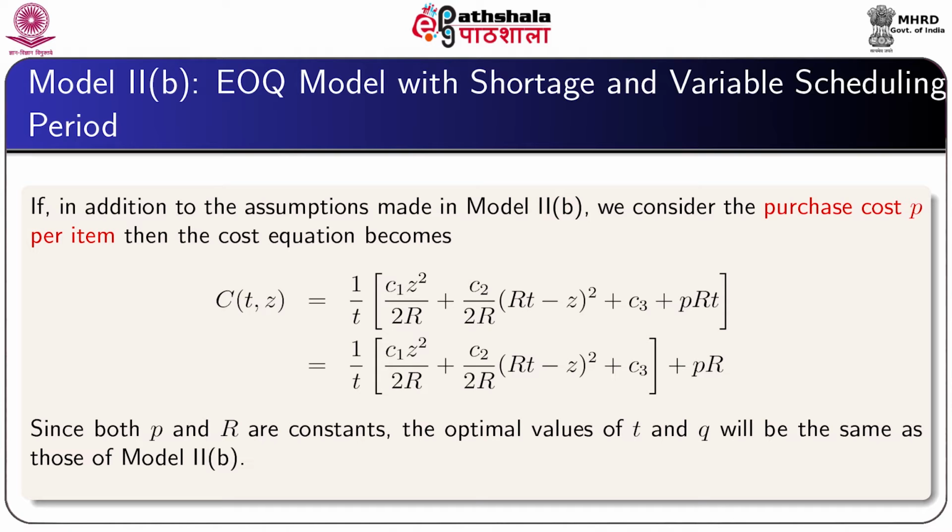Here the extra term is P·RT/T, and if we simplify it, then we will get the cost obtained in model 2B in addition to PR. Since P and R are both constant, this means that the optimal values of T and Q will be same as those of model 2B.